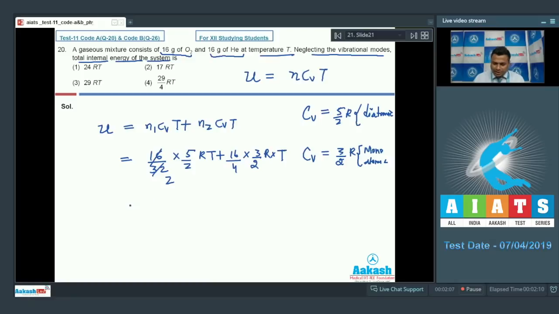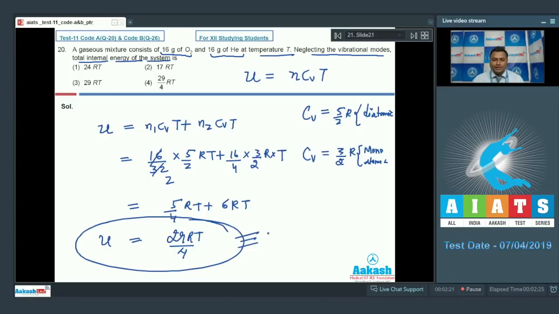After solving, we will get 5 by 4 RT plus 6 RT, that is 29 RT divided by 4. That will be the total internal energy of this system. Option number 4 we have to go with. Move on to the next, that is 21.